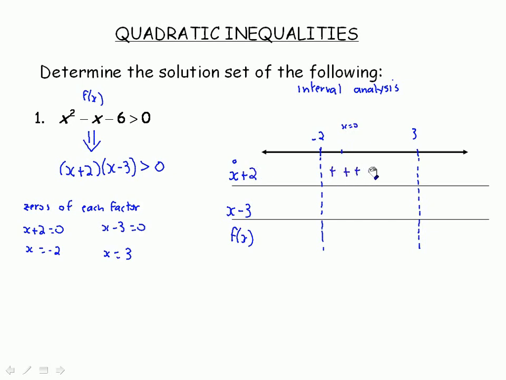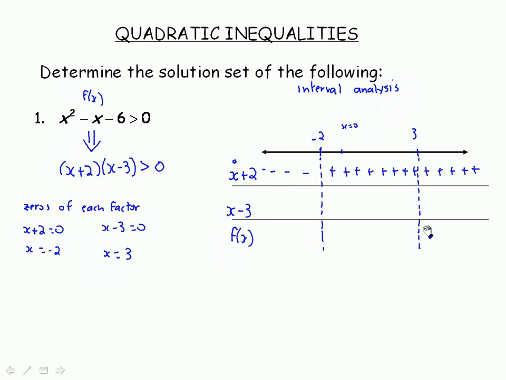In fact, that factor will be positive for all x values greater than negative 2, so I indicate that by putting a bunch of positives. And if you substituted an x value smaller than negative 2, say negative 3, negative 3 plus 2 is negative 1. It's going to be negative forever to the left of x equals negative 2. So now I know the behavior of that factor.